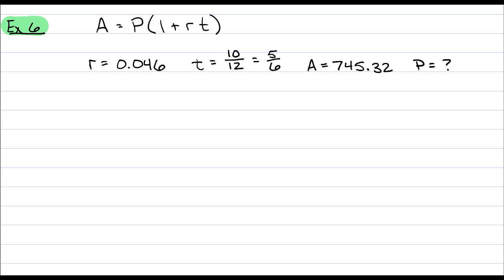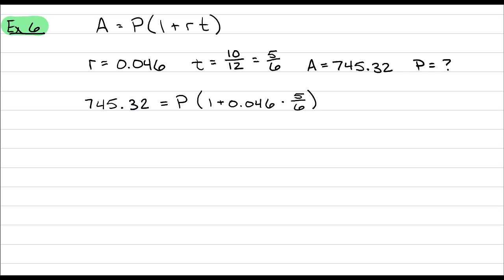Okay, so I'm going to plug what we do have into the equation for simple interest. So that's going to give us 745.32 is equal to P, which is the unknown quantity, times 1 plus 0.046 times 5 over 6.